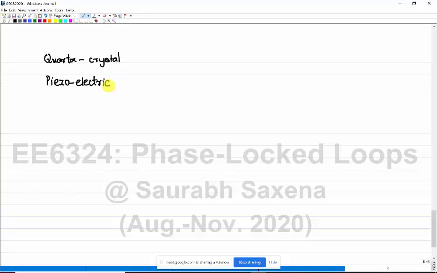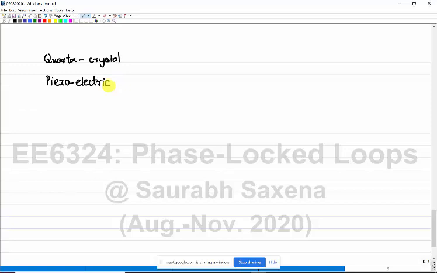So the clock you have been using for such a long time works on the mechanical property of a quartz crystal.